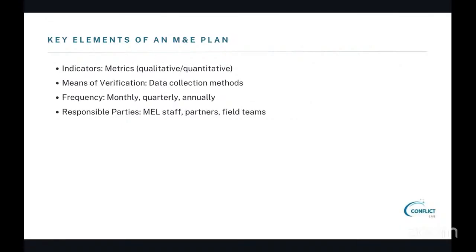Now, as I said, key elements of an M&E plan. Now, you might be thinking, what are these? There's a lot of stuff to M&E, to be honest. It can be a little confusing when you're writing it down, but the more you work on it, the better it gets. So indicators, means of verification, frequency, and responsible parties.